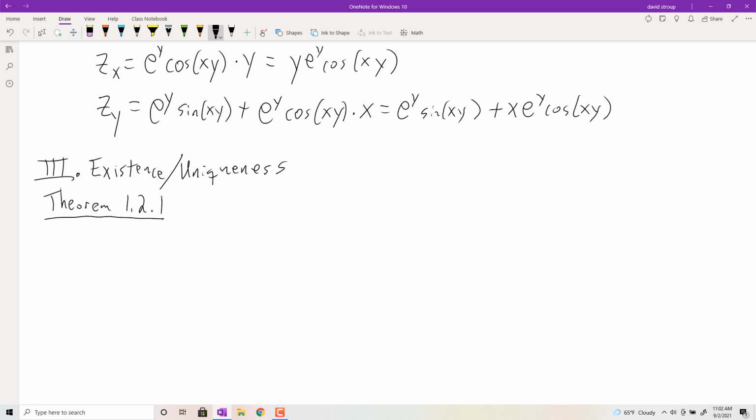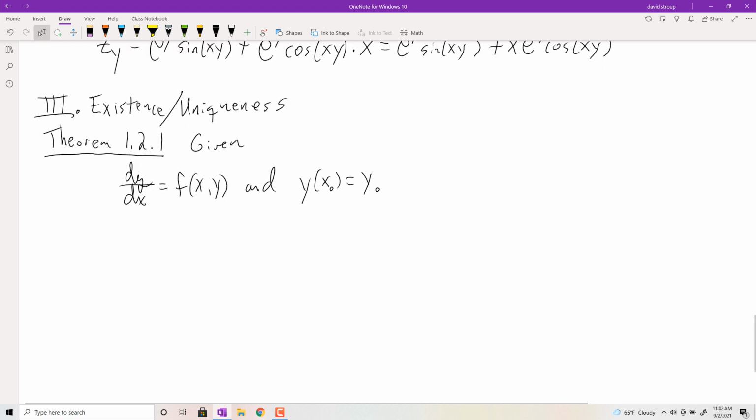This will apply to the following type of differential equation. So given this form, dy over dx equaling some function of x and y, and some initial condition y of x sub 0 equals y sub 0. There's going to be a unique solution if two criteria hold, and it will work on a particular interval.